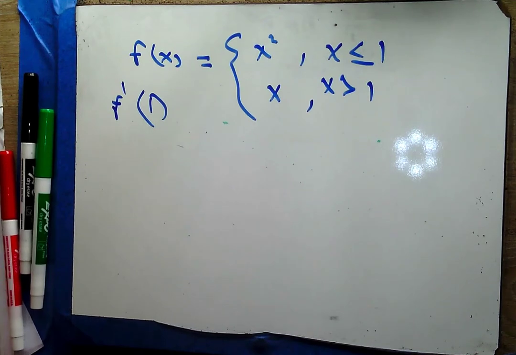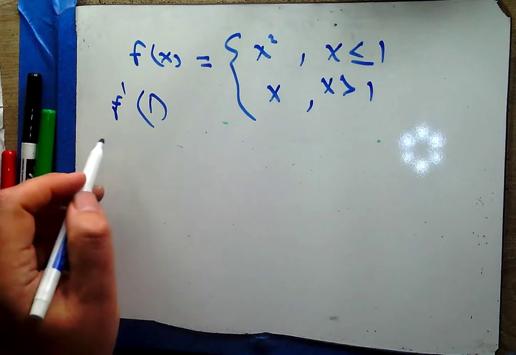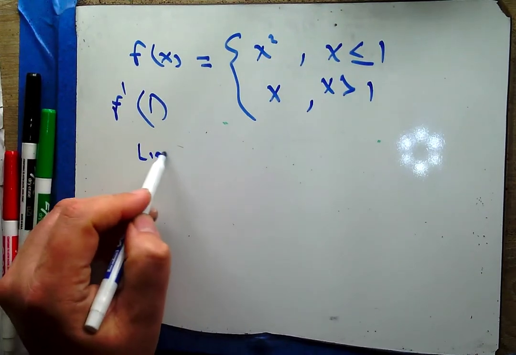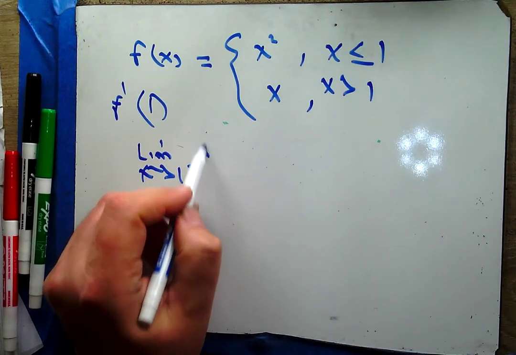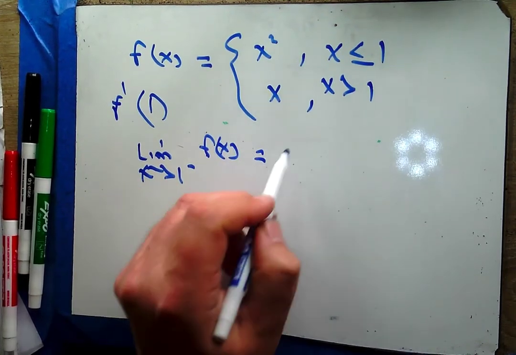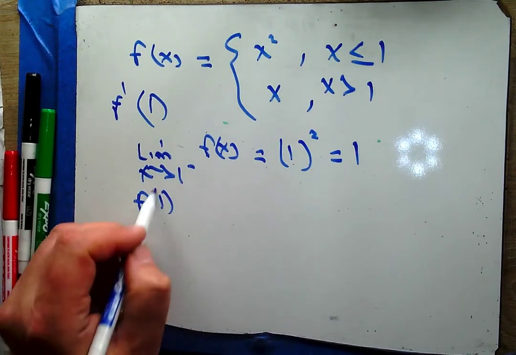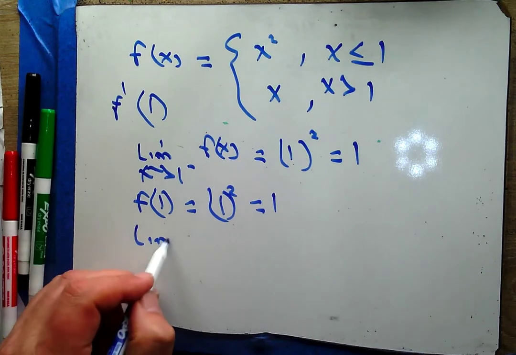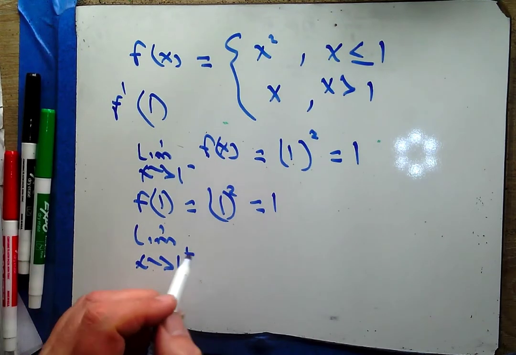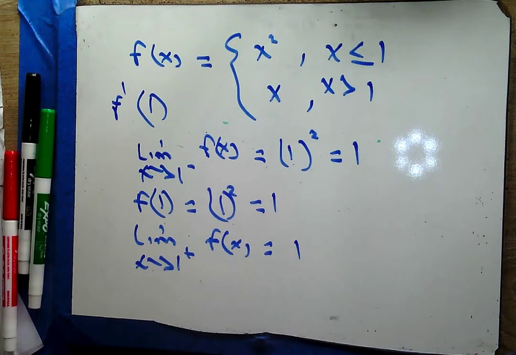Okay, welcome back. What did you come up with? Is this function continuous? Well, the limit as x approaches 1 from the negative side of f of x is 1 squared, or 1. f of 1 is 1 squared, or 1. But what about the limit as x approaches 1 from the positive side of this function? Well, if I plug a 1 in there, I get 1.